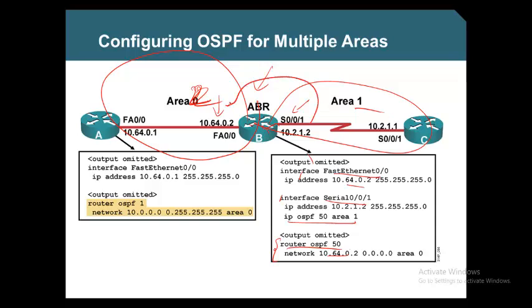Non-backbone area means what? Other than area 0. All other area LSAs are non-backbone LSAs. Non-backbone LSAs will only go to the backbone. They won't go to another non-backbone. OSPF won't allow that.